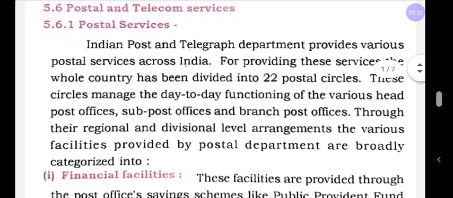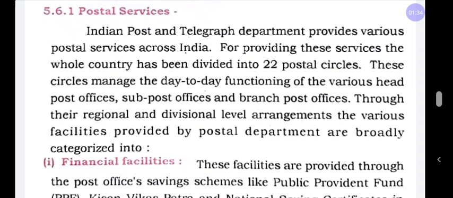First, we have postal services. In postal services, you are all very familiar with the Indian Post and Telegraph Department, that is, sending of post from one place to another place.